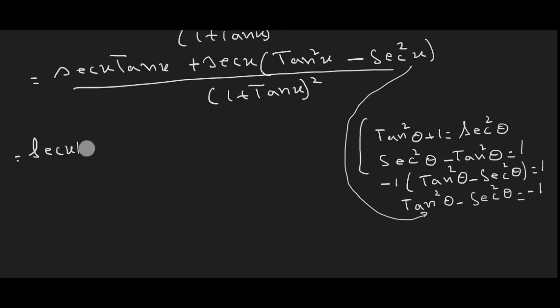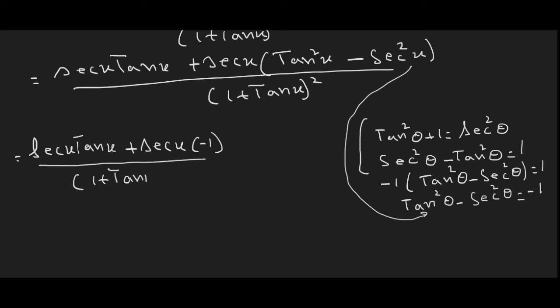So we get secant x tangent x plus secant x times minus 1, whole divided by 1 plus tangent x whole square.